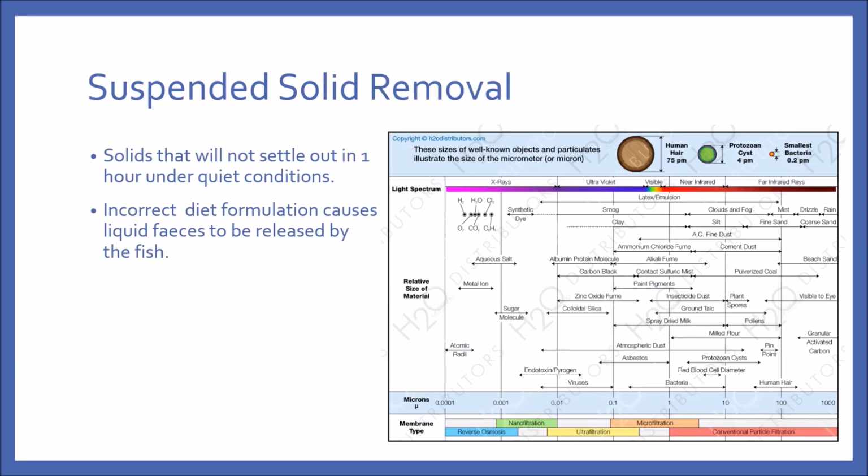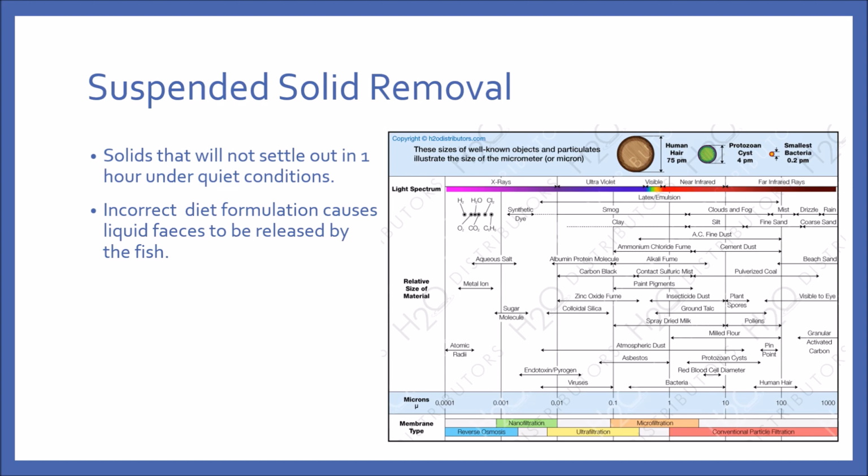The technologies used for suspended solid removal often rely on what we call sieving, or in other words, mechanical filtration. Based on the particle size, we can break down the traditional filtrations into conventional particle filtration, microfiltration, ultrafiltration, nanofiltration, and even reverse osmosis for very fine particles.